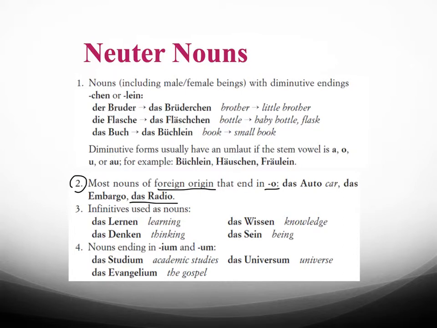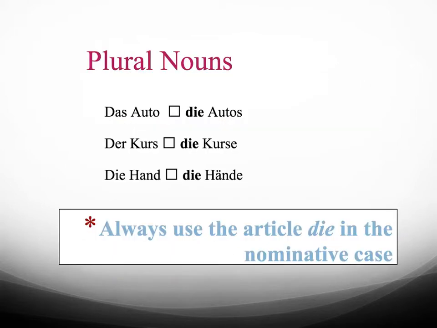Infinitives that are used as nouns, like das Lernen, das Deutsch lernen, oder das Lesen. The reading, and the being, and the knowing, or the knowledge, das Wissen. Anyway, let's not dwell too much on this because they're the least common.